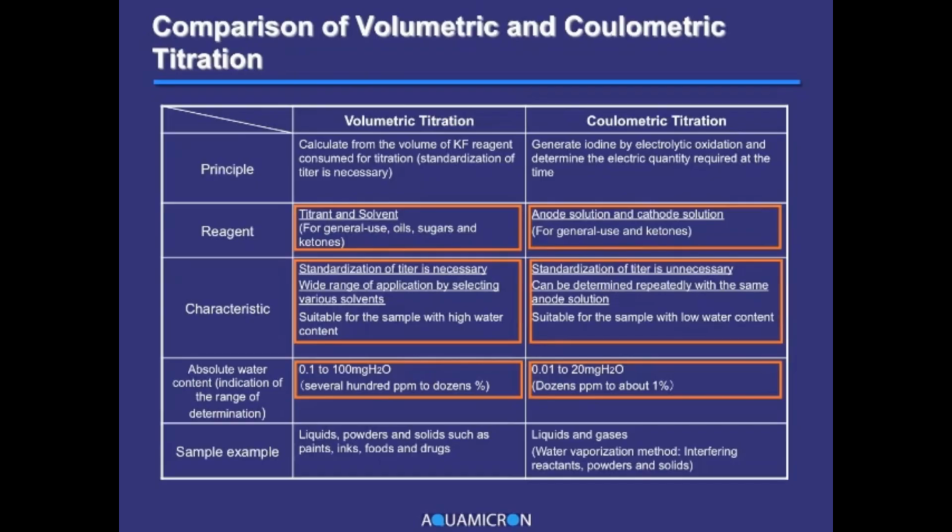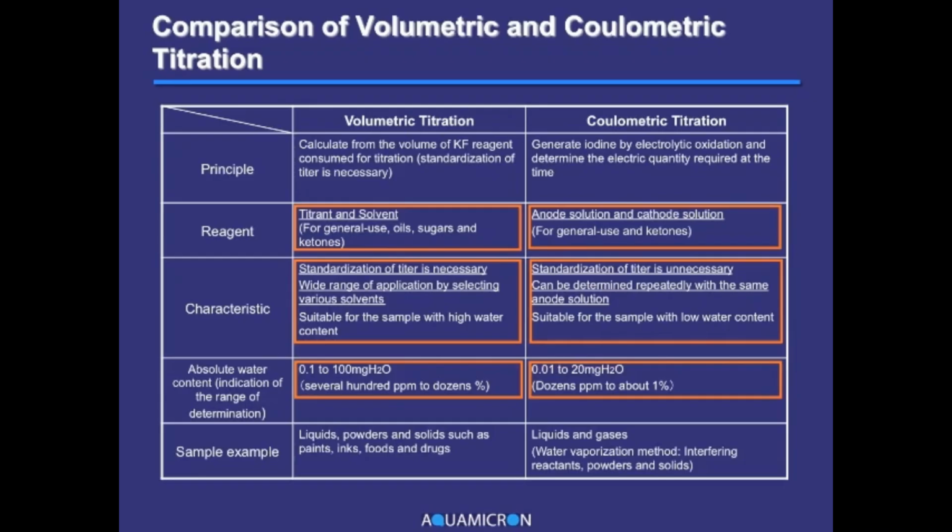Before moving to another topic, I would like to wrap up our explanation so far by comparing the two titration methods. This table has 5 points of comparison: principal, reagents, features, preferable water content range, and preferable kinds of samples. First, regarding the reagents, 2 kinds of reagents are in general used for both titration methods.